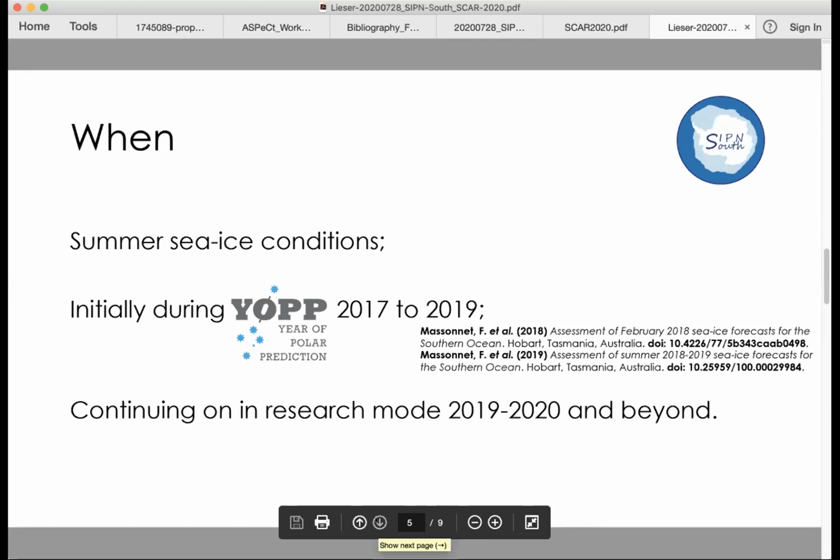They're available, and the DOI is on the screen. We're continuing the effort in research mode this year and hopefully beyond. There's absolutely no funding attached to this. We all do that in our spare time, but we're very confident and very excited about the prospects, and therefore we continue just in research mode.